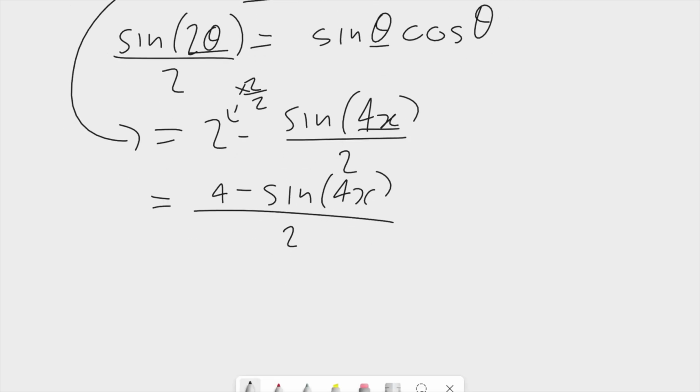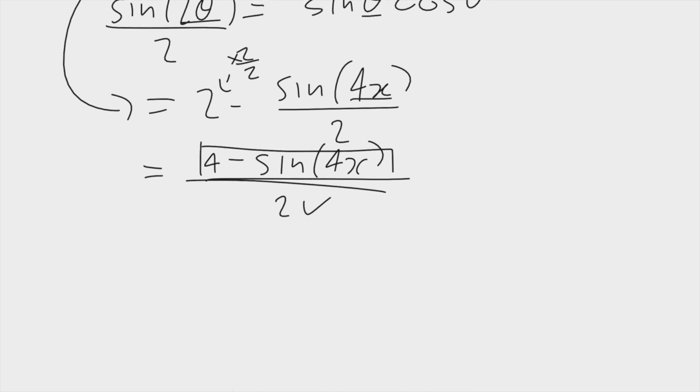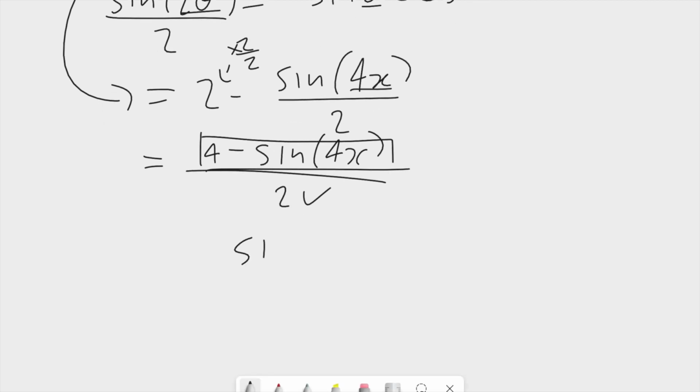And now this is pretty much like the last part. So 2, that's greater than 0, we know that. And then we have this bit here. So what do we know about sine of 4x? It's a sine function, so it is bounded by 1 and minus 1. Sine of 4x, no matter what x is, is always from minus 1 to 1.